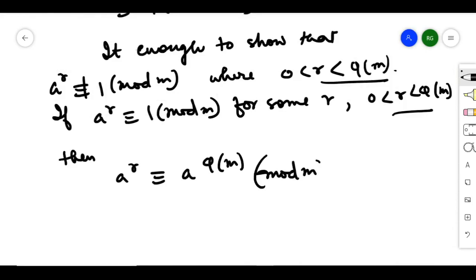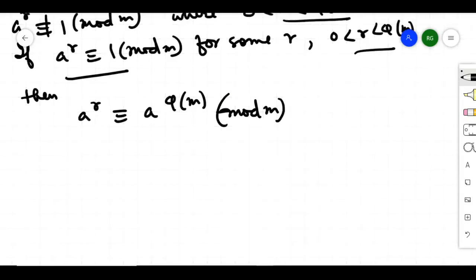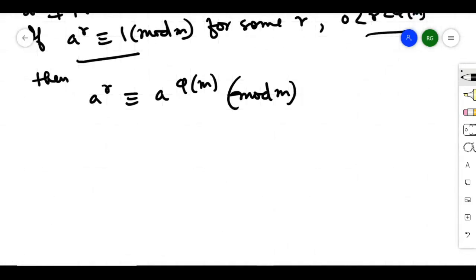Why is it so? Because we have a to the power r congruent to 1, and also a to the power phi m congruent to 1 by Euler's theorem. So both must be congruent mod m. This gives a contradiction. Why?